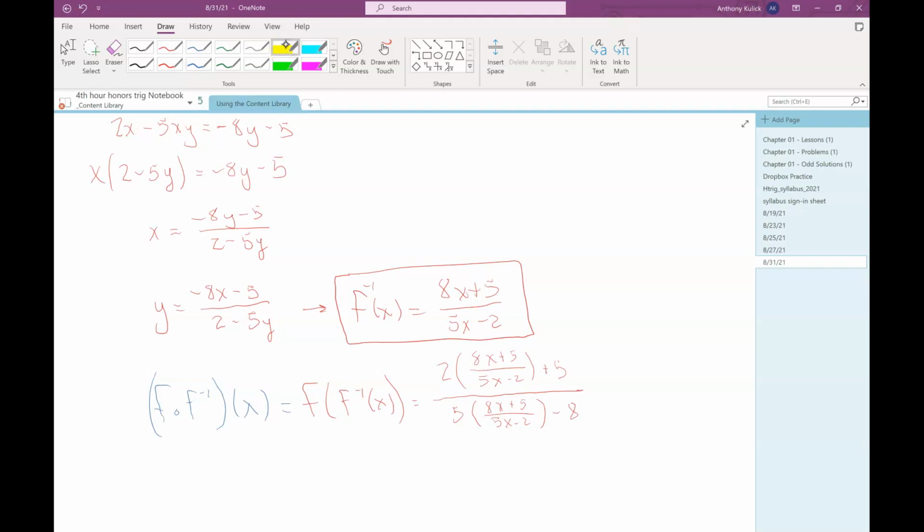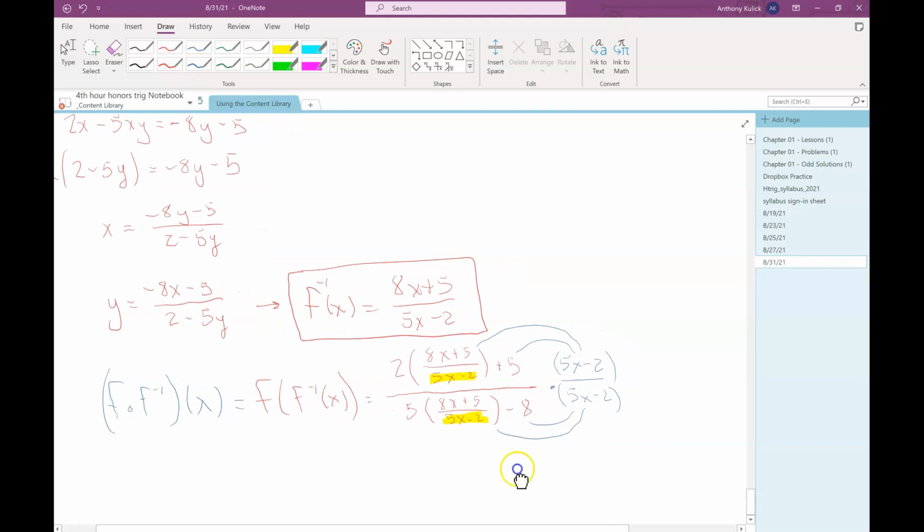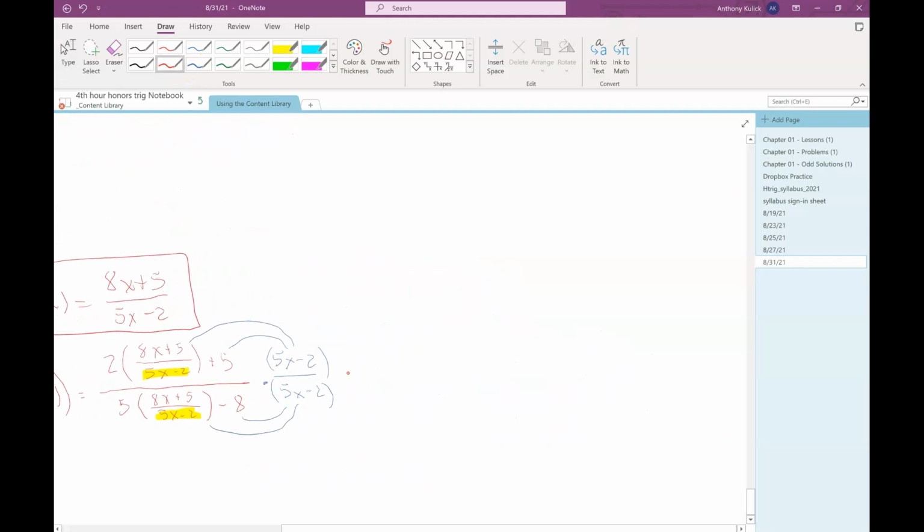If I look carefully, the fraction inside of my big fraction has the same denominator. So I'm going to multiply the top and bottom of this fraction by that same denominator. So when I distribute it through, some nice stuff happens.